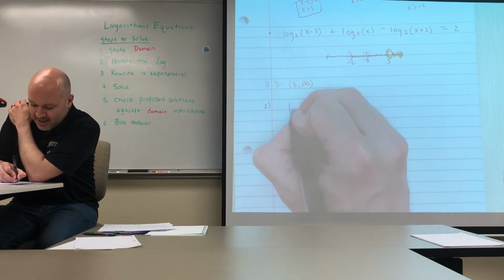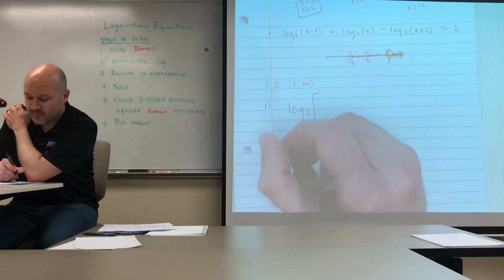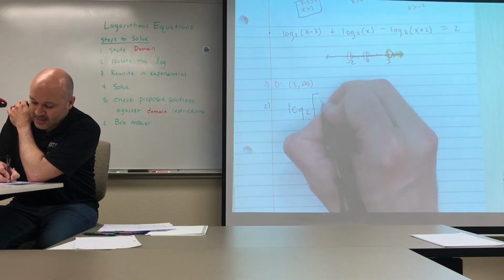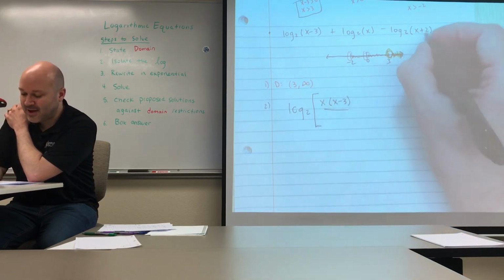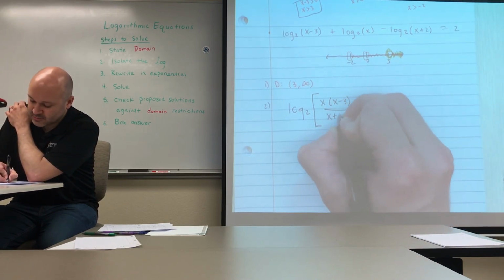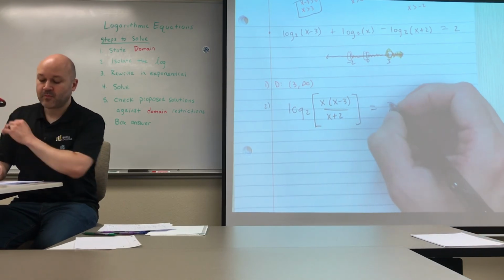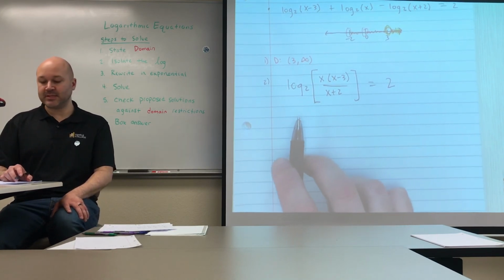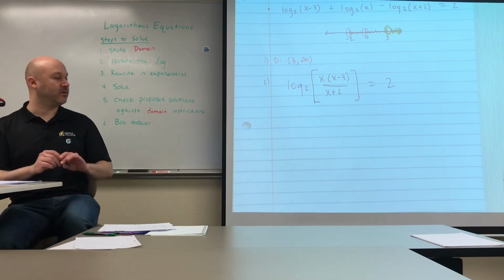I can tell I'm going to have log base 2 of, these two will be in the numerator, x times x minus 3. That's being divided by this argument, x plus 2.